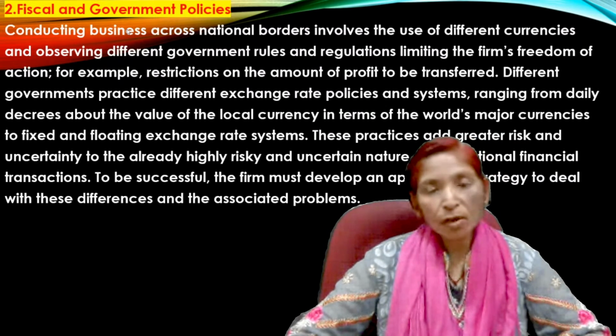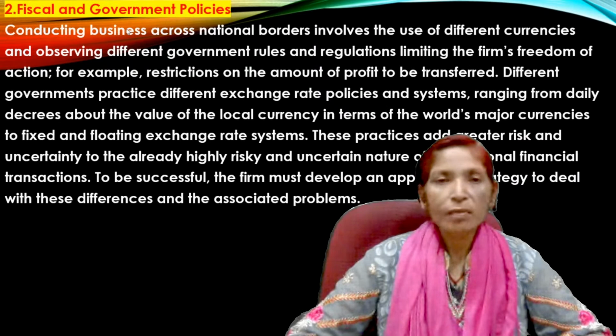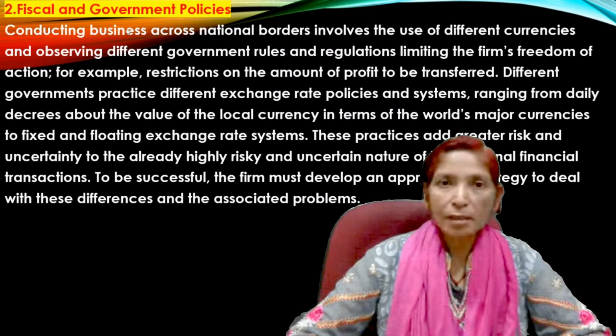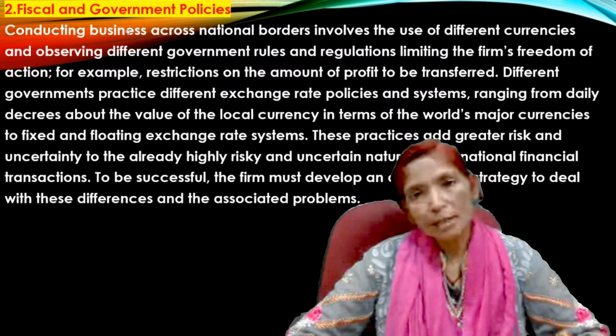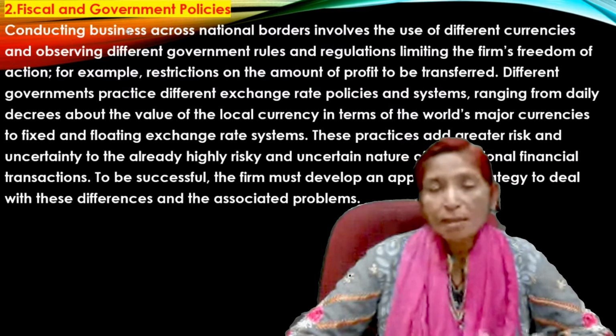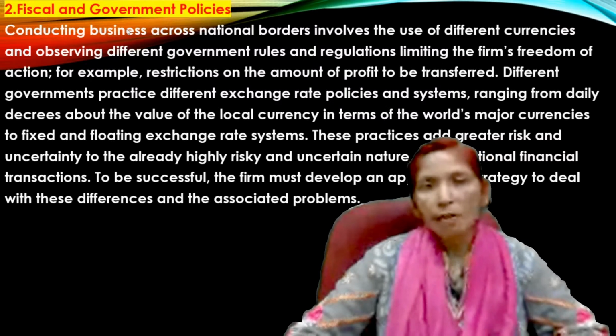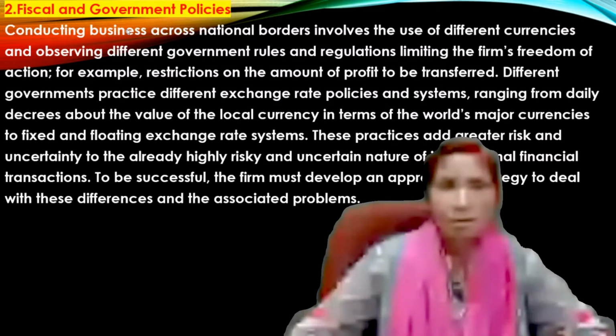If supply of dollars increases, the rate of exchange will fall. And if supply of dollars decreases, then the rate of exchange will rise. So there are a lot of uncertainties and risky practices involved in international business.